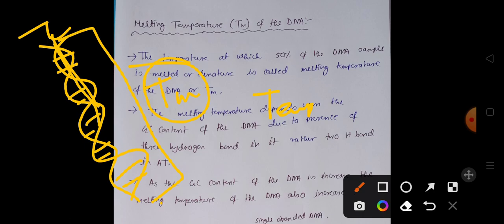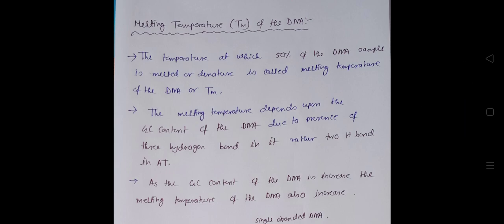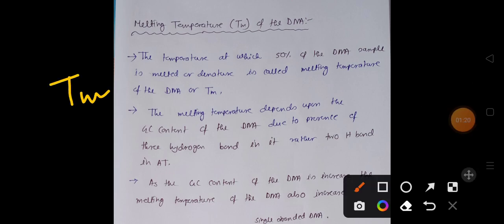Okay. So melting temperature, remember, is especially dependent on the GC content of the DNA. Remember, the Tm value depends on the GC content of the DNA. Now why is this so? It is because, in between G and C there are 3 hydrogen bonds, whereas in between A and T there are 2 hydrogen bonds, according to Watson-Crick base pairing, right?